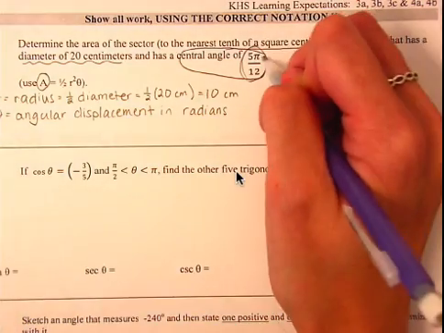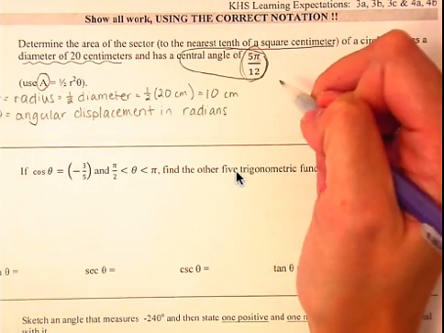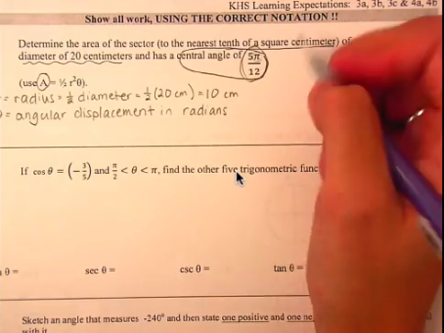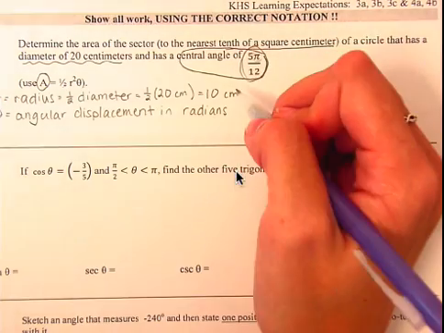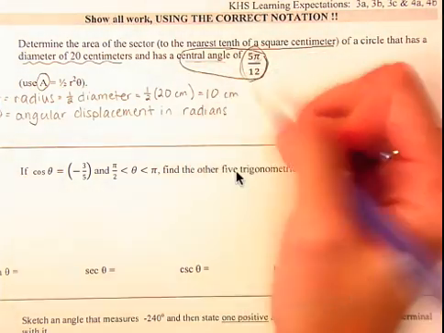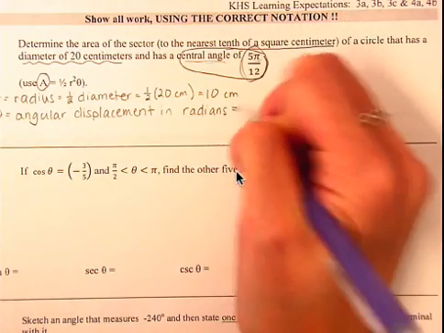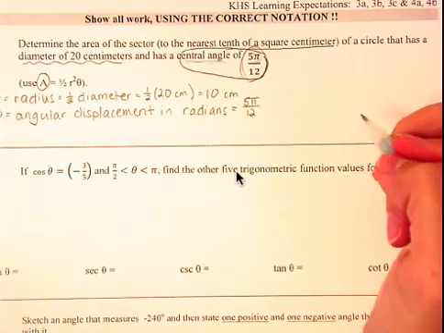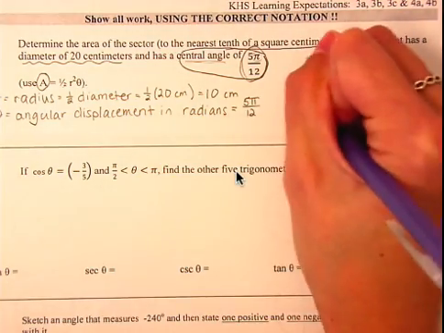How do I know that? This pi right here tells me it's already in radians, so I don't need to change it. And I know that it is my angular displacement because it tells me that's my central angle. So I already have theta, 5 pi over 12. All I need to do now is substitute into my formula.